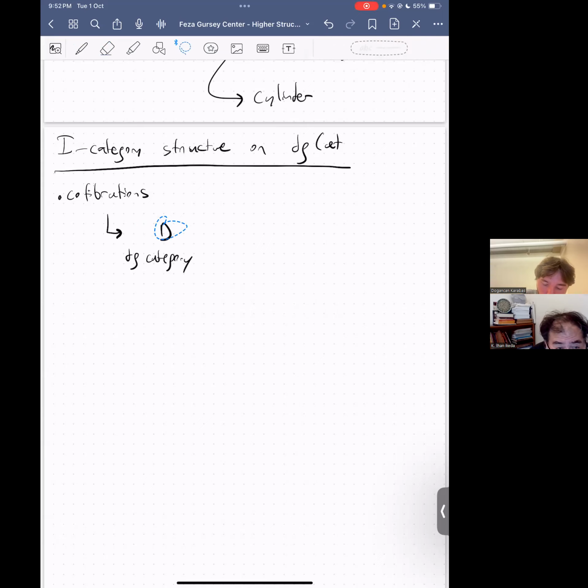Cofibrations are special DG functors that I need to state here. They are DG functors such that the domain is D and the image can be seen as some extension of D.